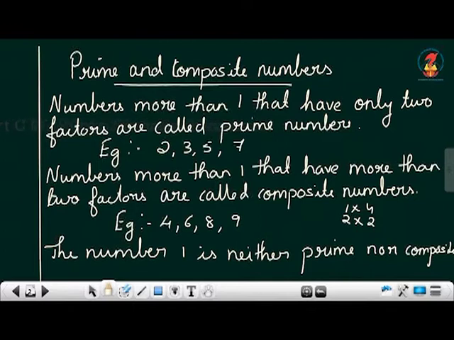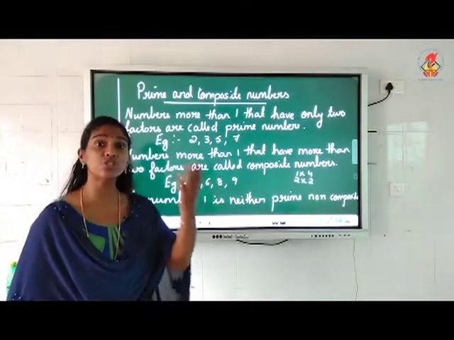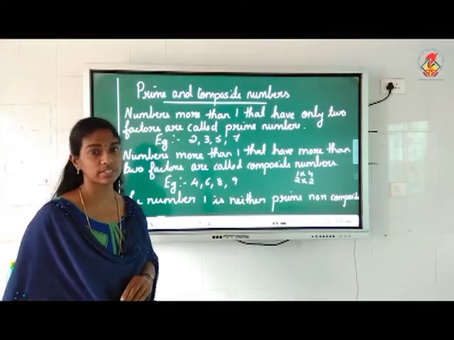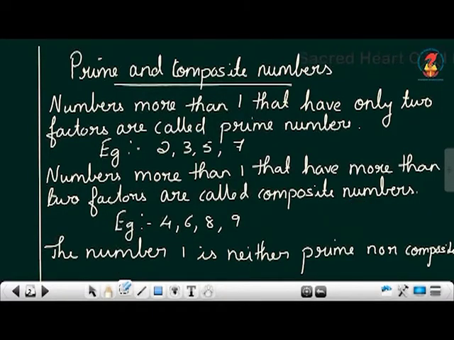So the factors of 4 are 1, 2 and 4. There are 3 factors. So the numbers that have more than 2 factors are called composite numbers.